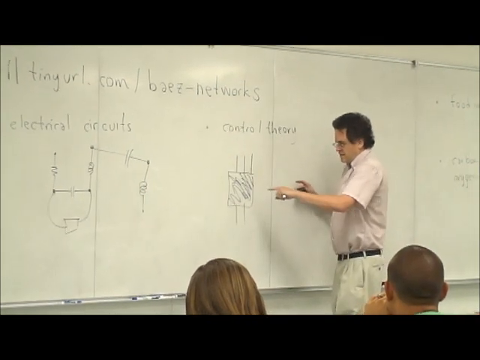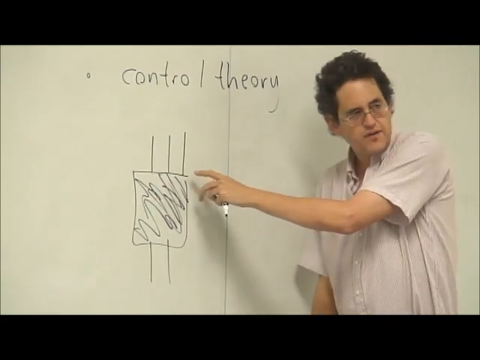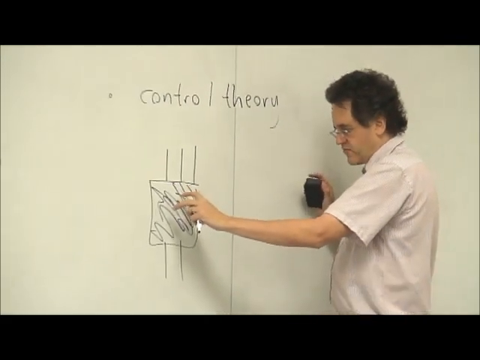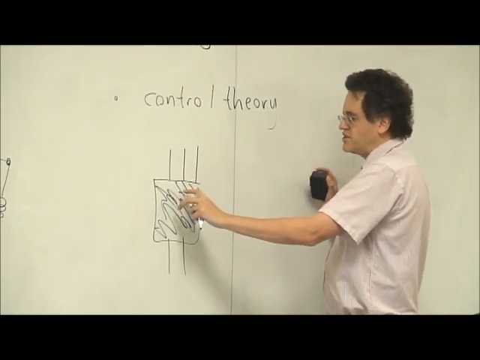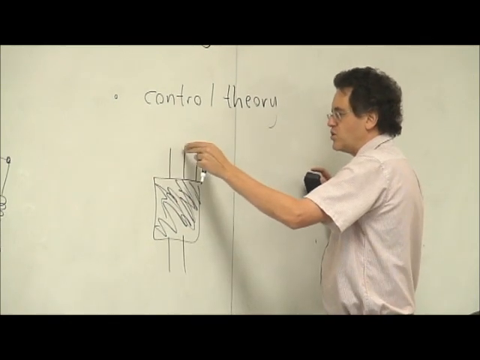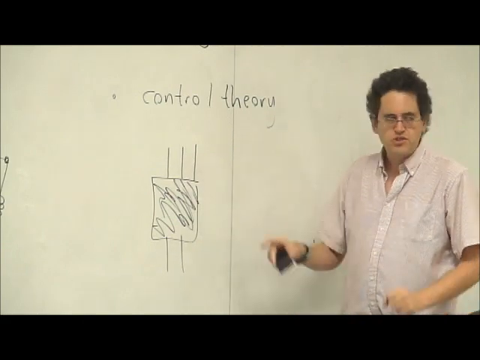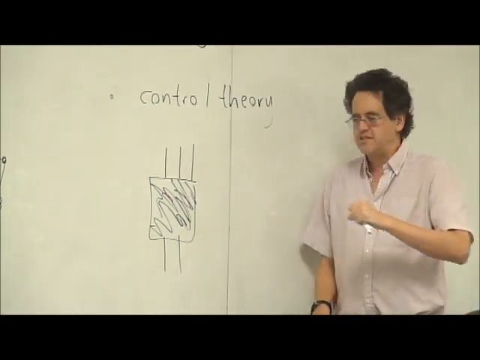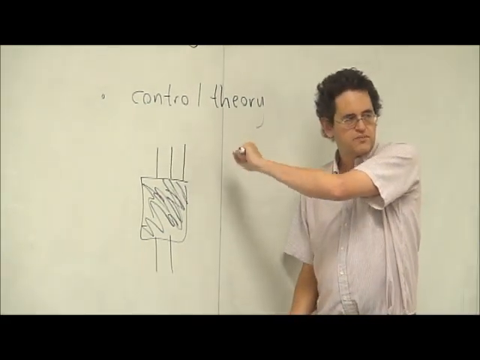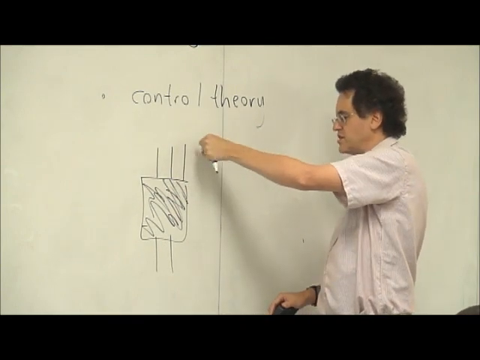And inside here, a bunch of stuff is going on that's described by some differential equation, but that differential equation involves some variables which are these ones, one for each of these wires. And these ones, you, the user outside the system, have some control over sometimes. You're able to turn things on.